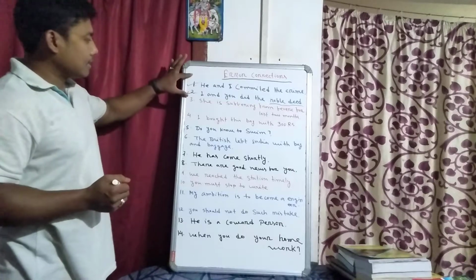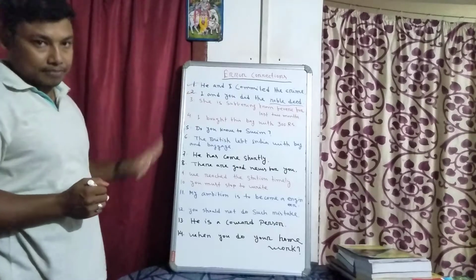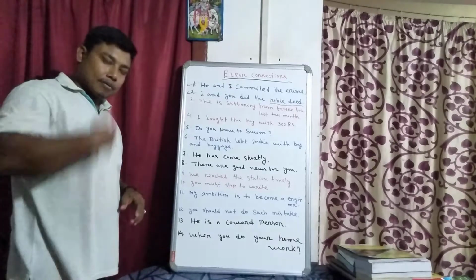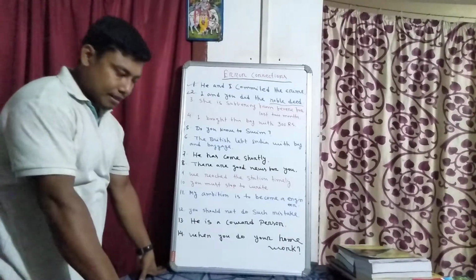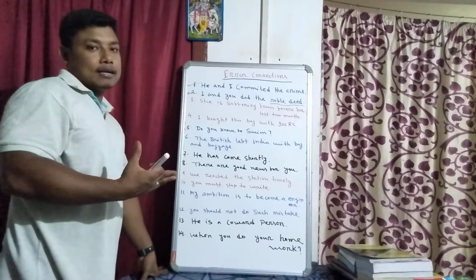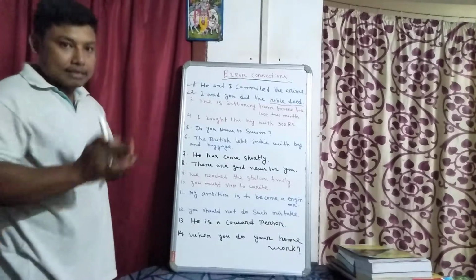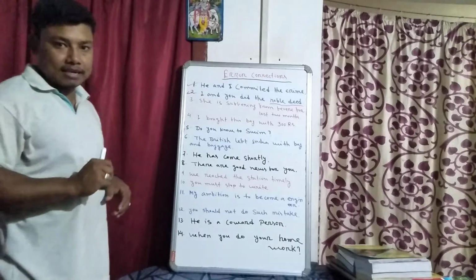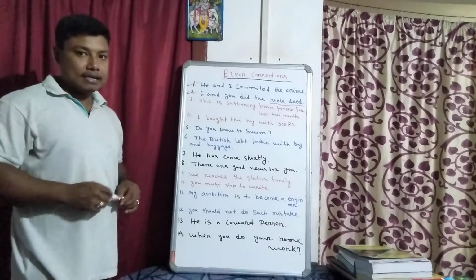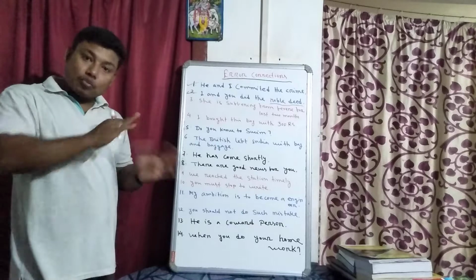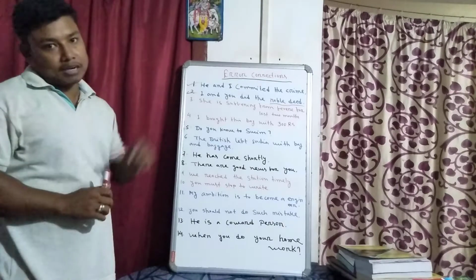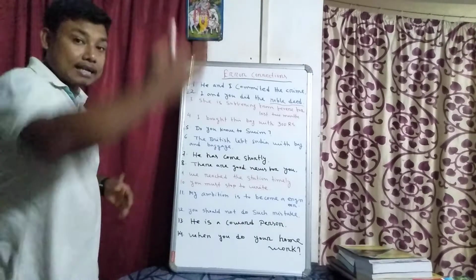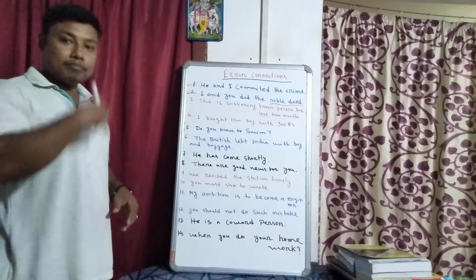This is totally contradictory from each other. Again I am going to repeat it: when we commit crime with others, first of all I mention my name and his name secondly. In case of doing good job or noble deeds, first of all we mention the other's name, then my name later.